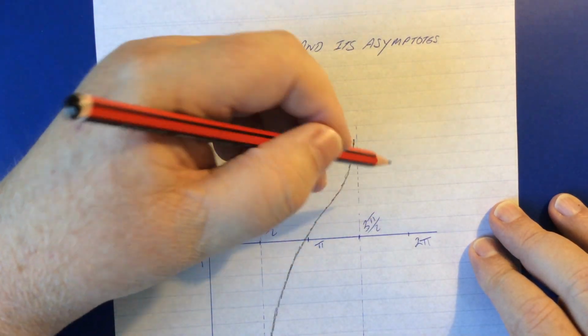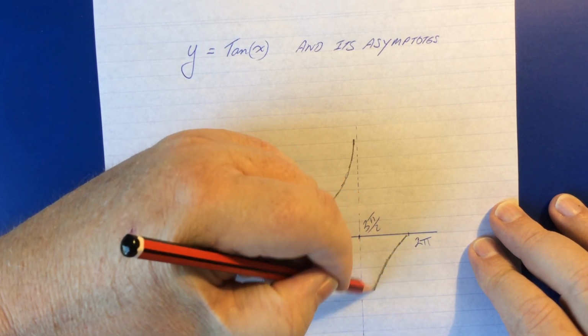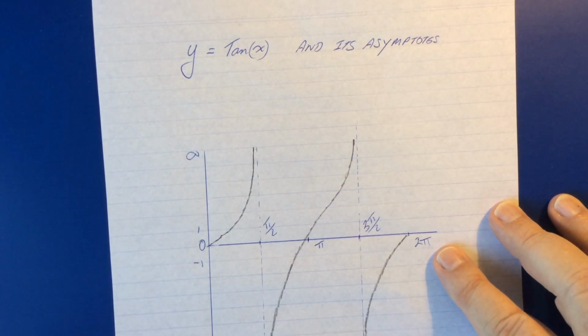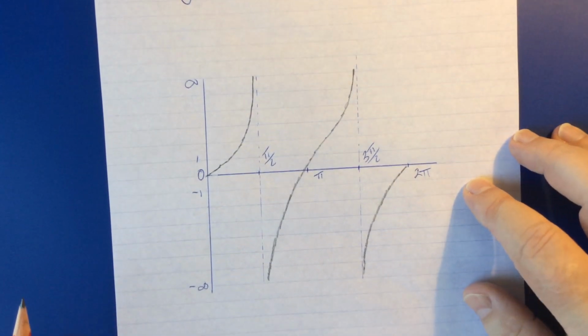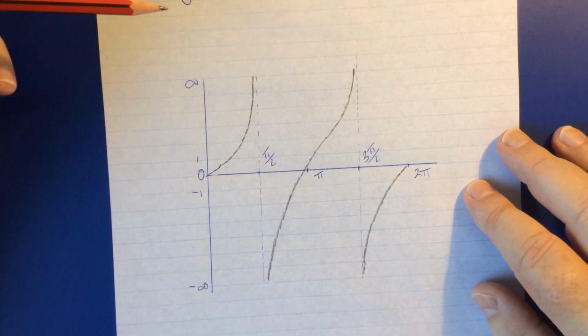And our final part of this, to take it to 2 pi, looks like that. Now, as you can see, this is a very different looking graph to a sine or a cosine graph, and it behaves differently.